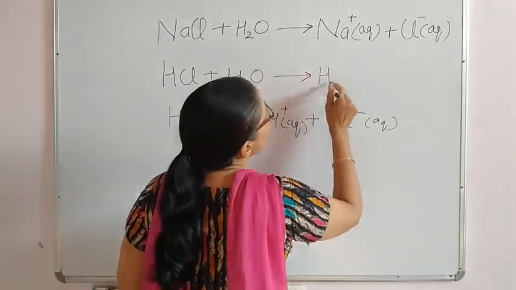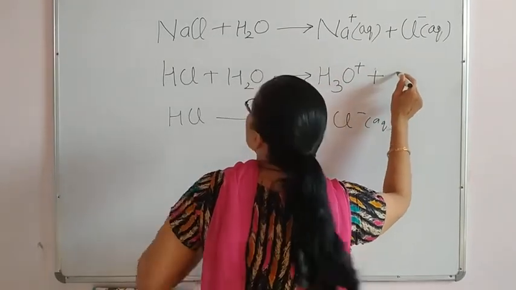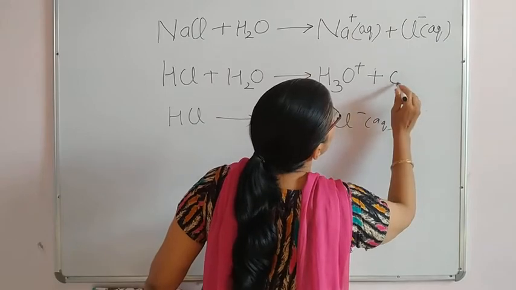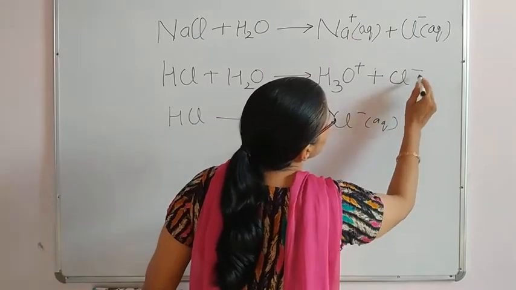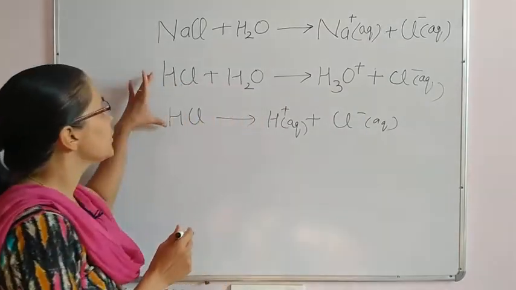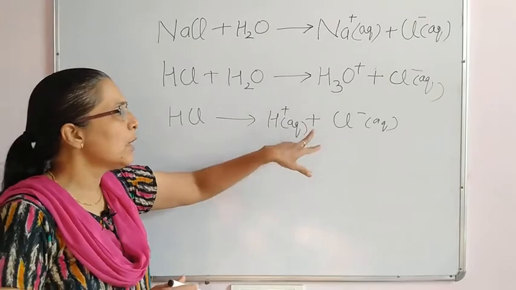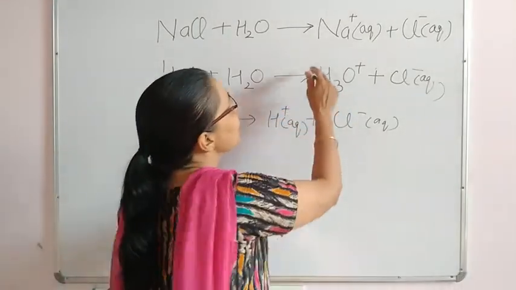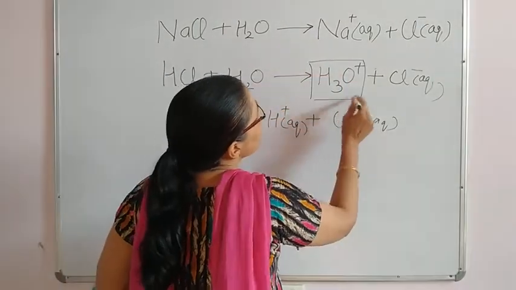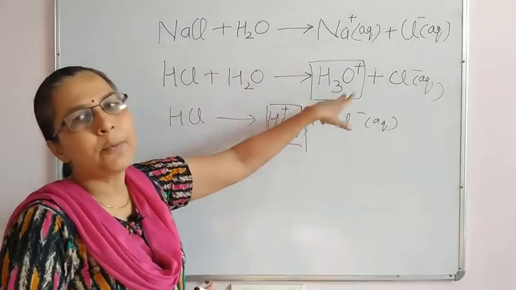There will be formation of hydronium ion and Cl minus ion in aqueous form. So for the dissociation of acid, sometimes you write H plus aqueous or you write H3O plus. Both are similar. There is no real difference between H plus aqueous and hydronium ion.